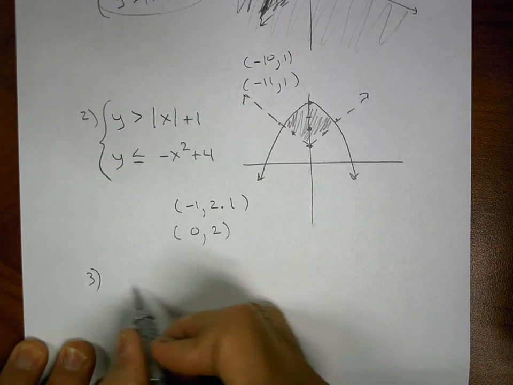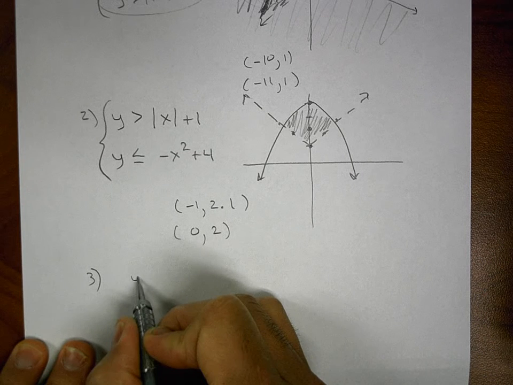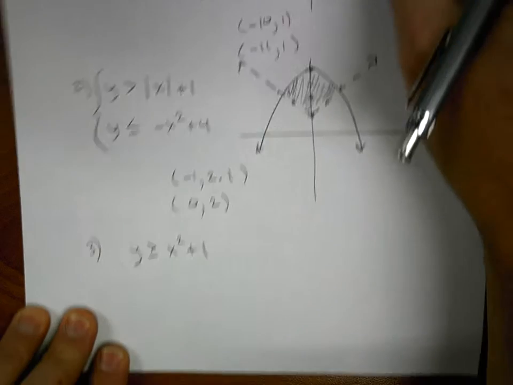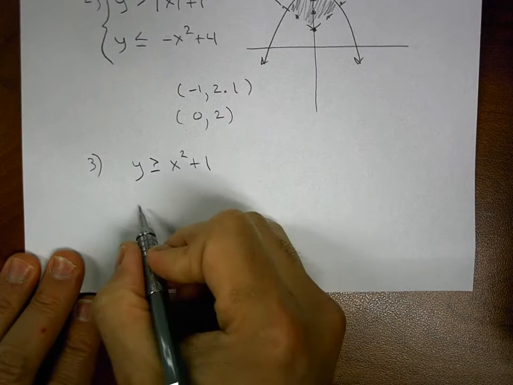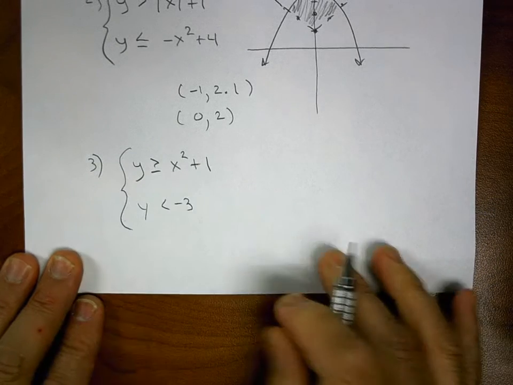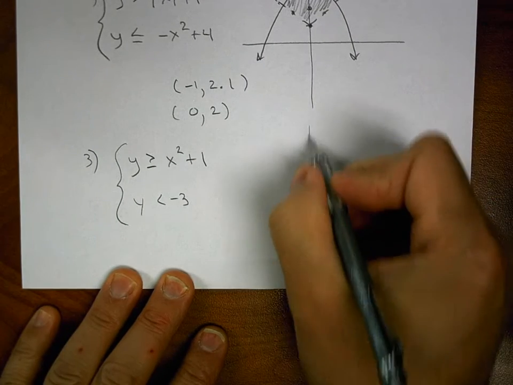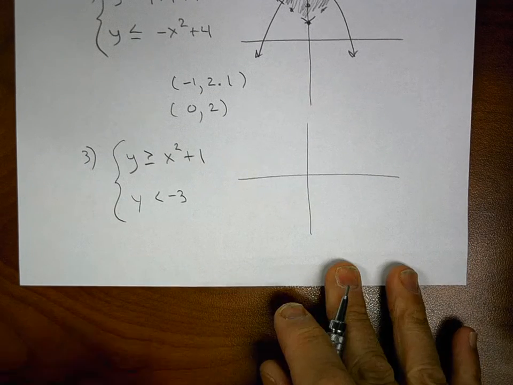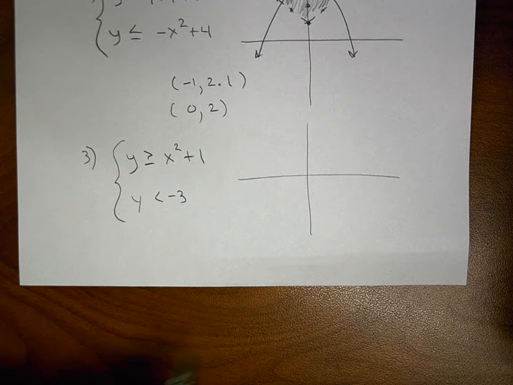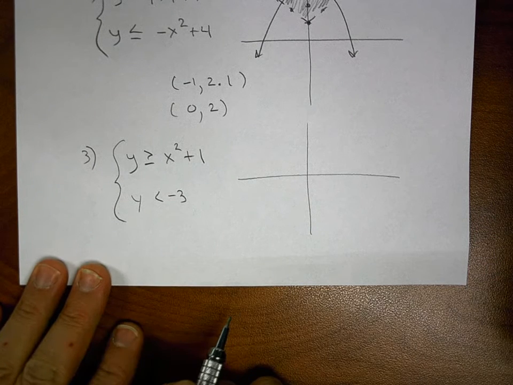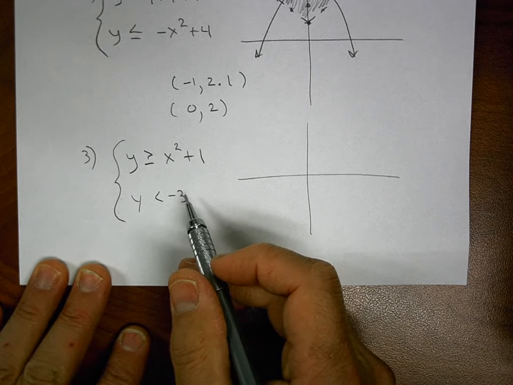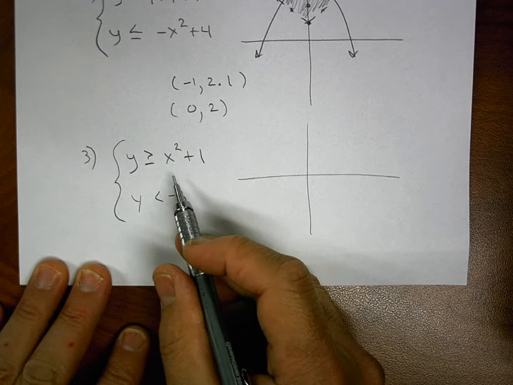All right. Y is greater than or equal to x squared plus 1, and y is less than negative 3. So let's graph that. Just good review on sketching. All right, so let's go ahead and graph this quadratic.